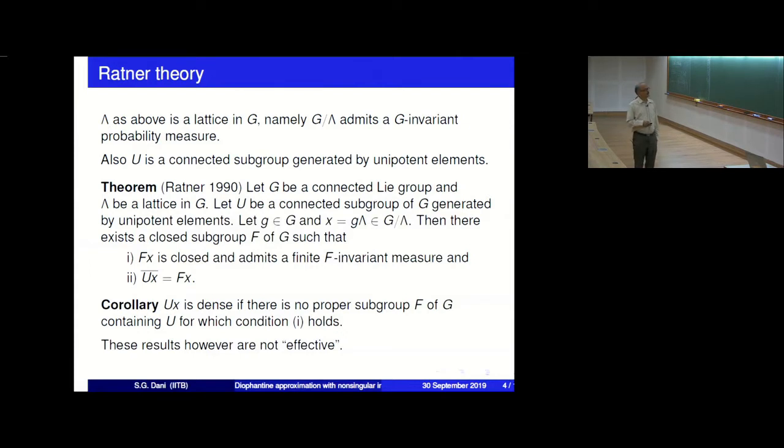So Ux will be dense if there is no such proper subgroup. So long as you can confirm that, which you can do in many cases, though not all, and there's still work that needs to be done sometimes, there's a general strategy which is now used fruitfully in many contexts.